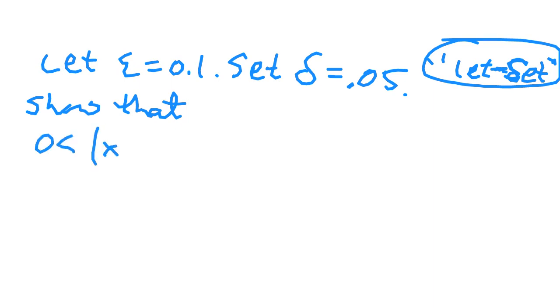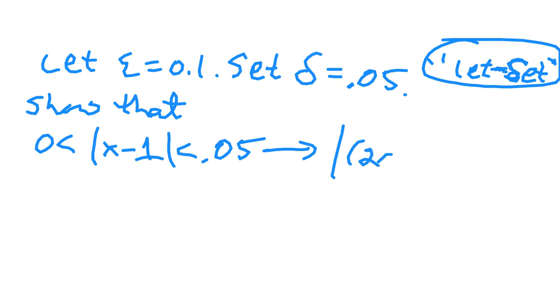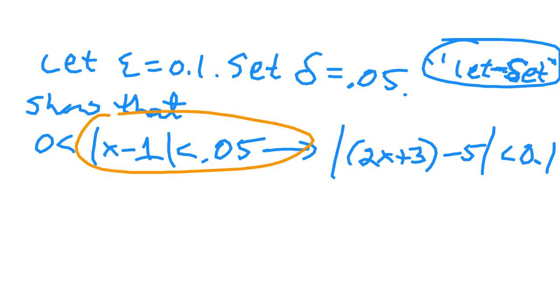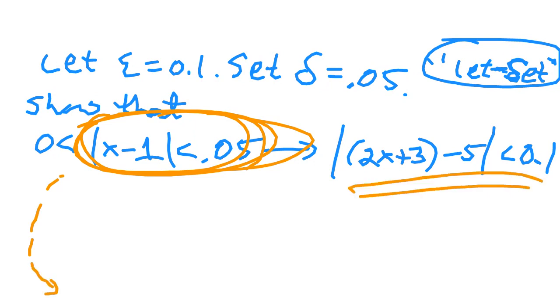0 is less than the absolute value of x minus a, which is 1 here, is less than delta, which is 0.05, implies or guarantees that the absolute value of f of x, which is 2x plus 3 minus 5, is less than epsilon, which is 0.1. So what I'm going to do here is continue working with the right side of this part, and then use those steps in reverse order that I had before to end up over here.